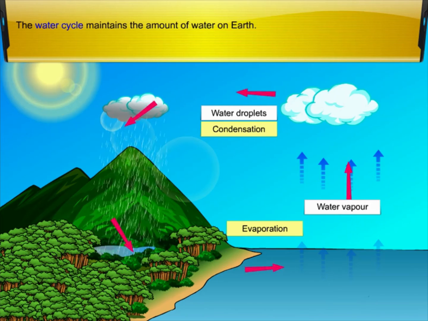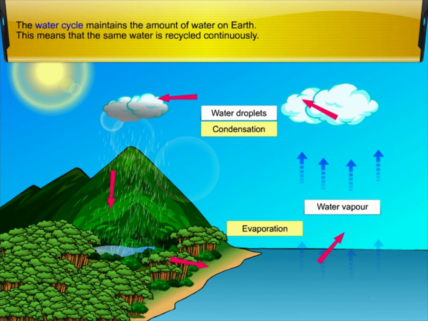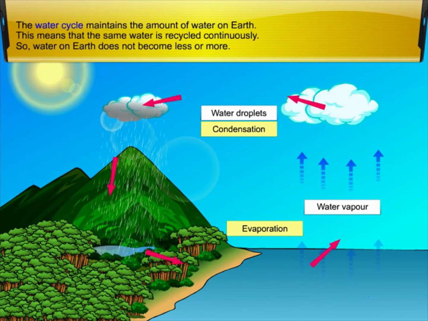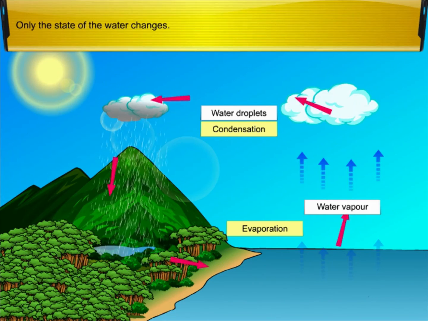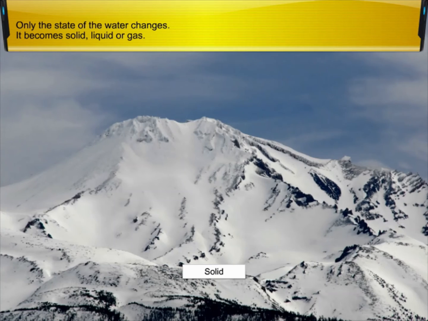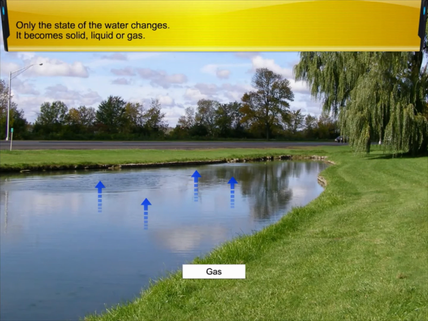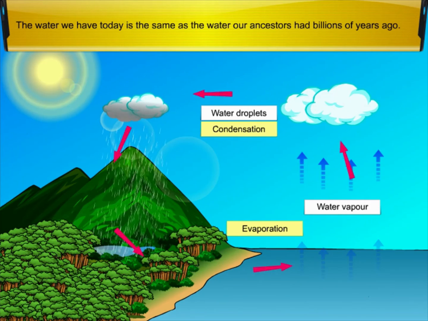The water cycle maintains the amount of water on Earth. This means that the same water is recycled continuously. So, water on Earth does not become less or more. Only the state of water changes. It becomes solid, liquid, or gas. The water we have today is same as the water our ancestors had billions of years ago.